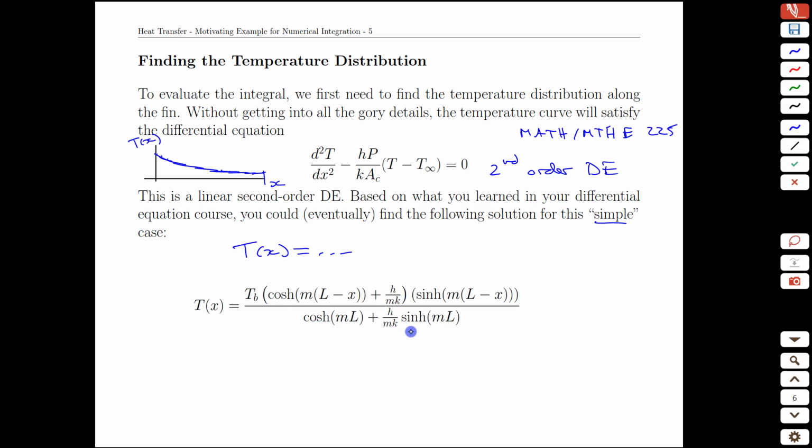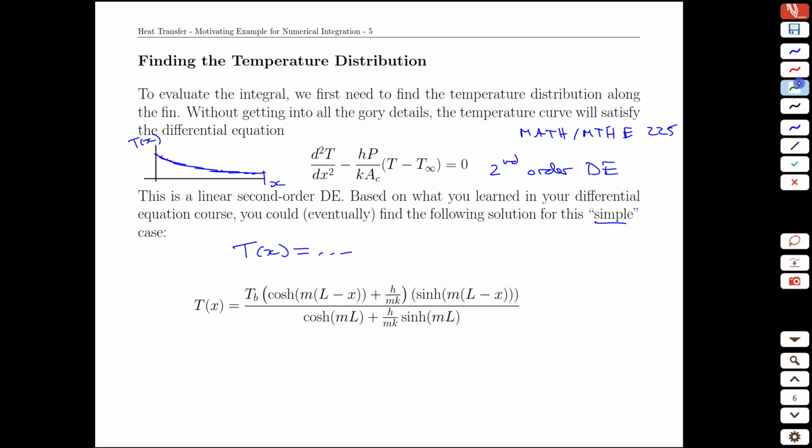This is nothing that anybody really likes to look at. It's not a pretty formula, but it describes mathematically the shape of a curve like this, where we have a temperature at the end and it goes on. But nobody likes this. We can see some of the ingredients. We've got H in there.